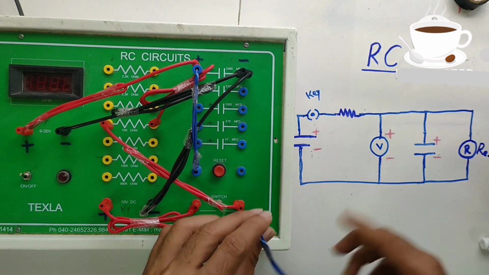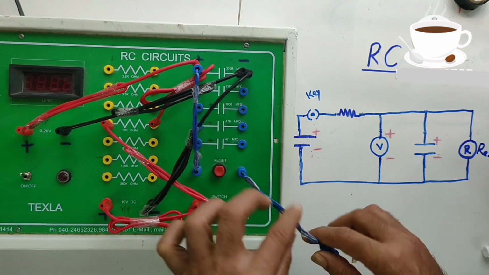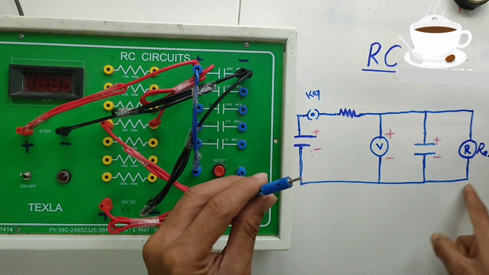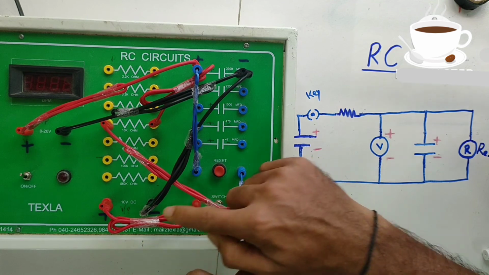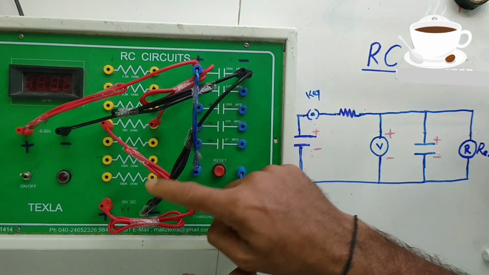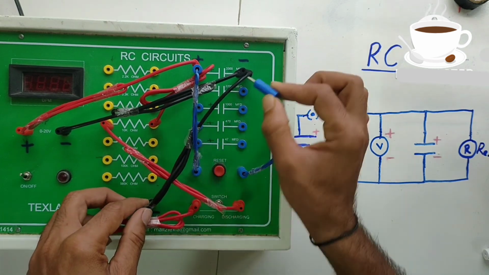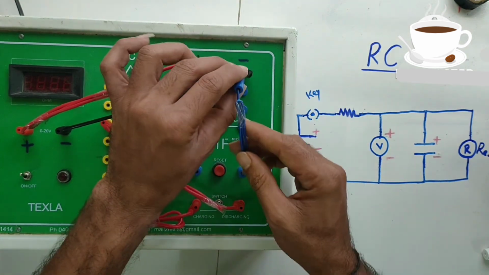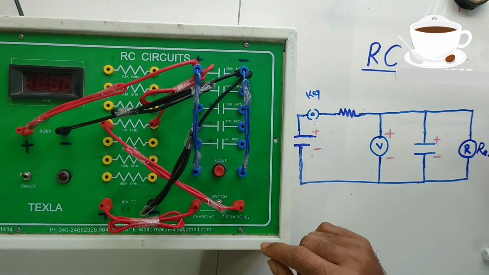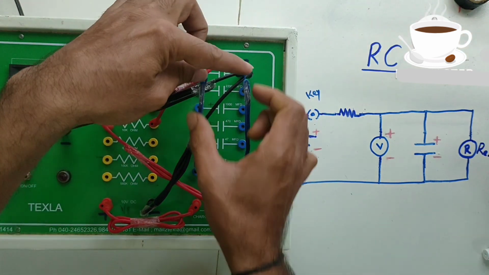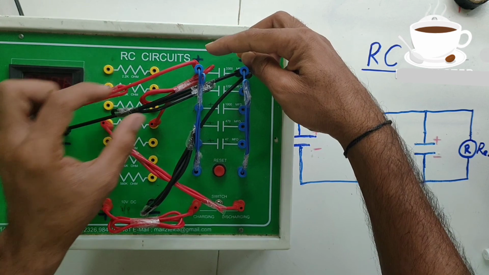See, from the reset one terminal to where the capacitor and battery touch. This is the capacitor and battery. In between we need to give it. We can give it here or here, anywhere, but I am going to give it here. See, this is parallel to the capacitor, and the voltmeter is parallel to the capacitor.